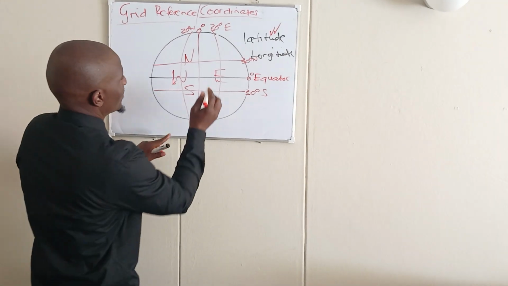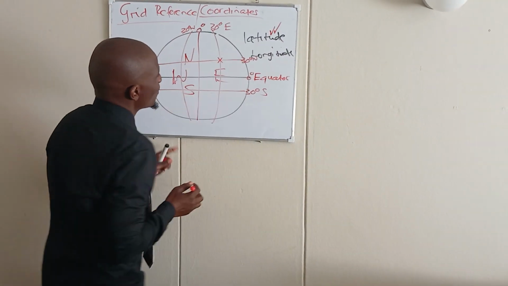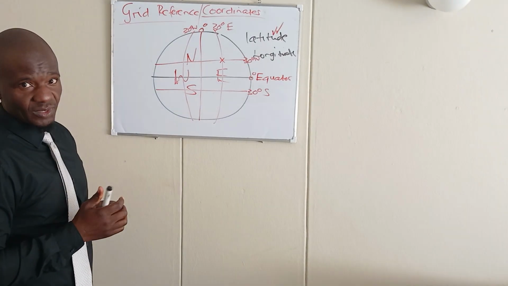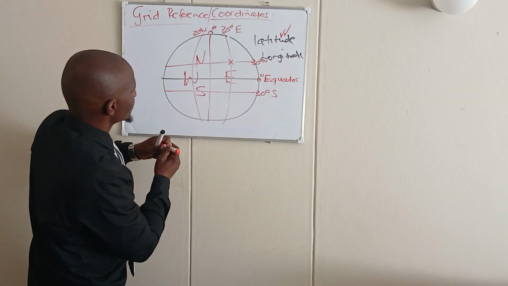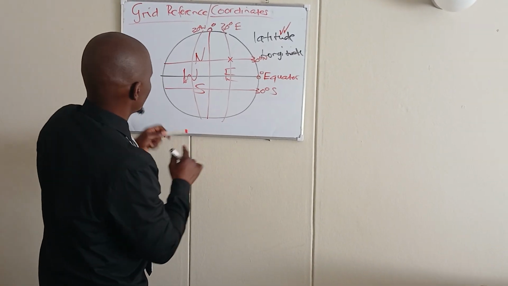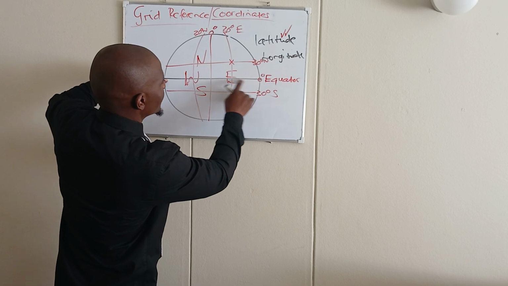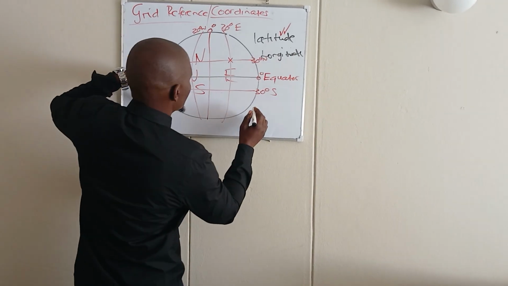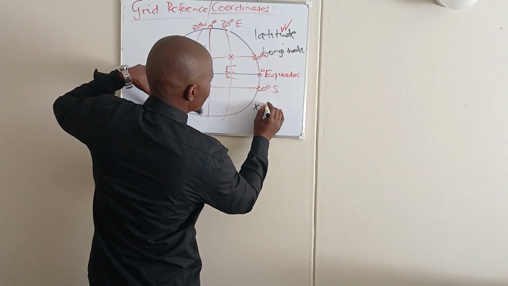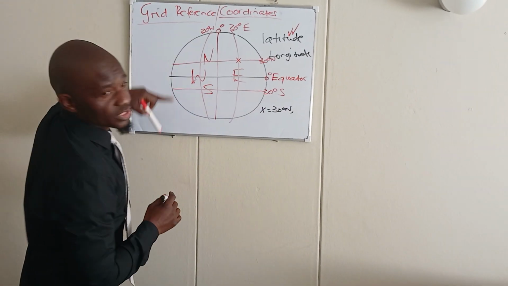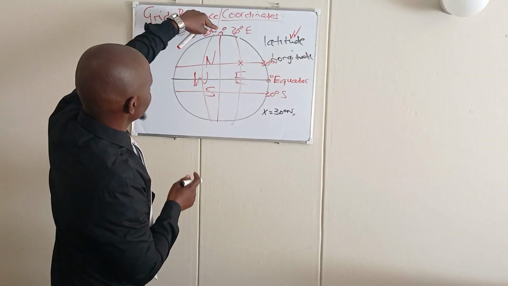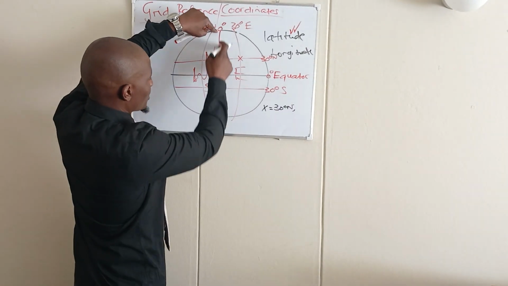So let's say you are asked to find the coordinates of a place at X. The first thing that you do, you identify it in terms of latitude. Where is it? North of the equator. Okay, it's at 30 degrees north, which means X is at 30 degrees north. And what is its position in terms of the Greenwich meridian? This is your Greenwich meridian at 0 degrees longitude.